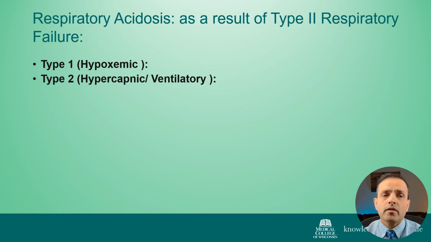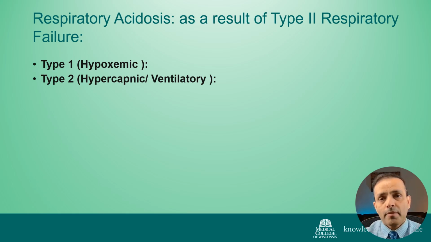So if somebody is retaining carbon dioxide, the trouble is not in the respiratory membrane. The trouble is higher up in the ventilatory tract, starting from the cortex, going down through the nerves up to the diaphragm. So hypercapnia occurs because of trouble higher up.